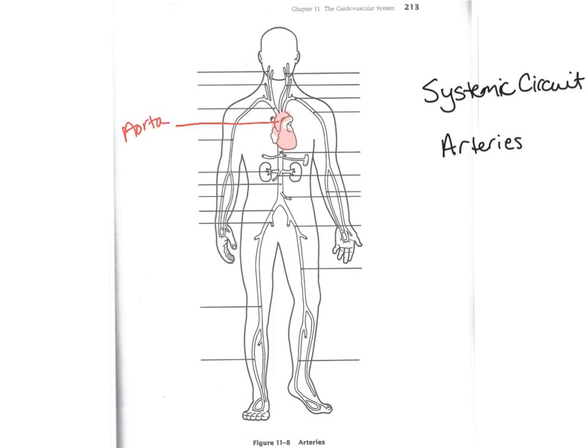Then the aorta has three branches coming off of the arch of the aorta, and we have to name each one of those branches. So the first branch there, that is called the brachiocephalic trunk.